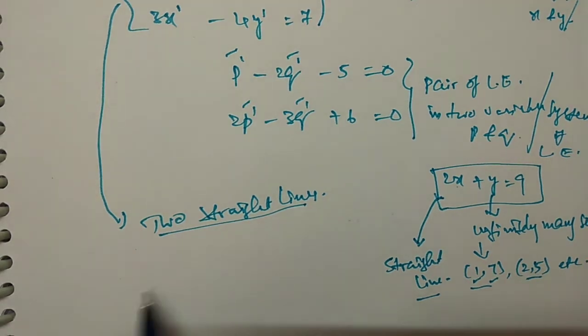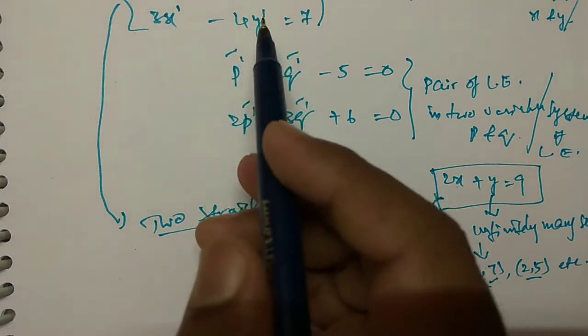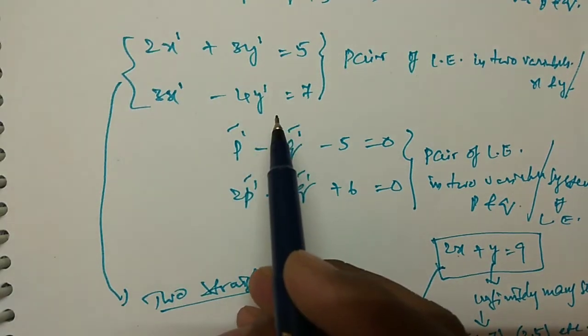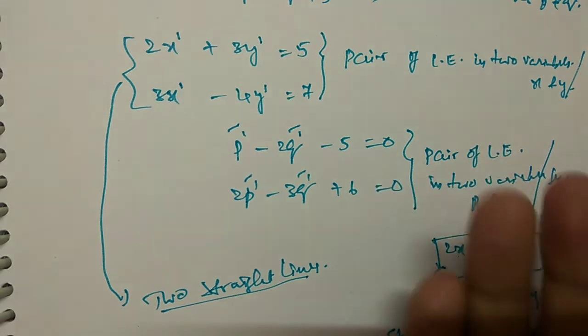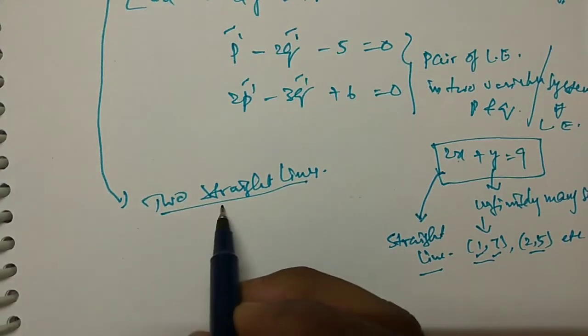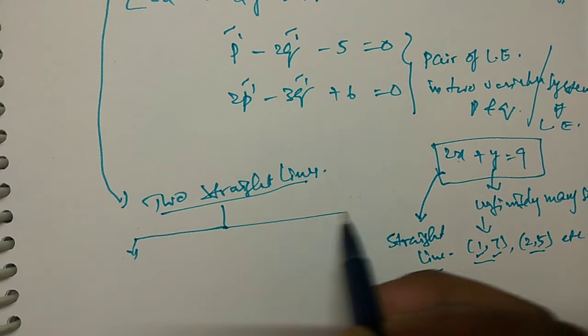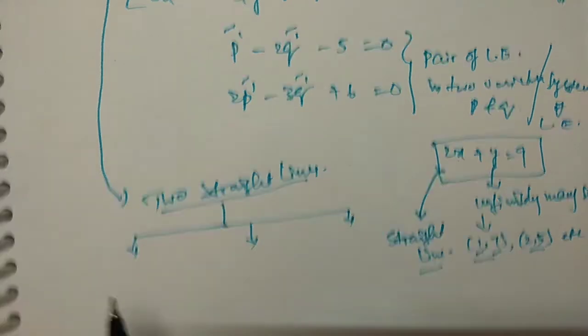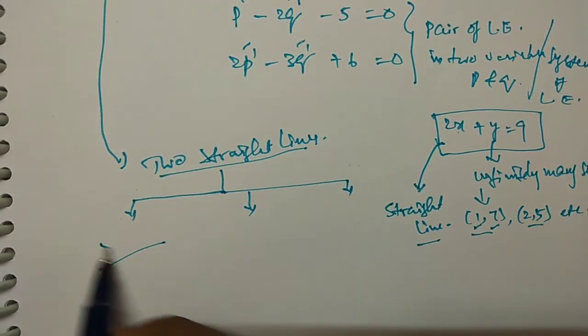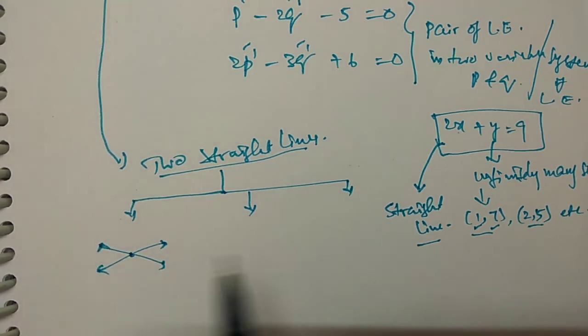Based on these two straight lines, we can find out the solution of the pair of linear equations, whether it has one or more than one or not. There are three cases. First case: the two lines may intersect at one point.